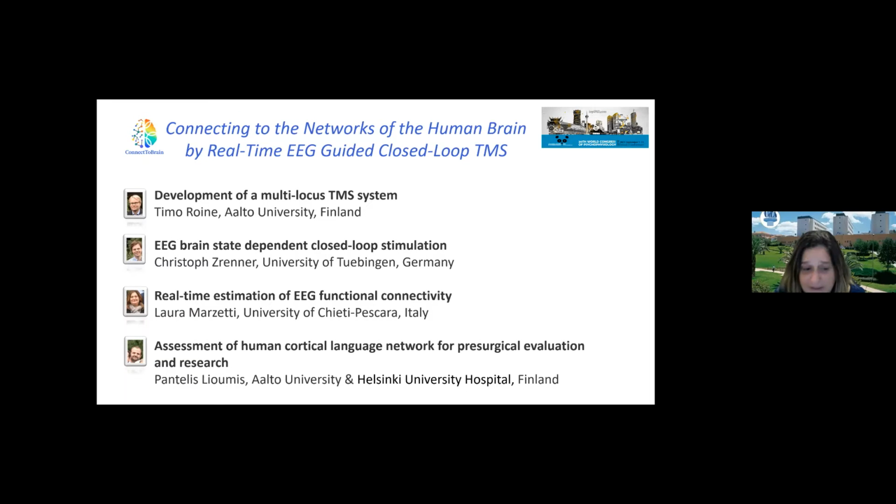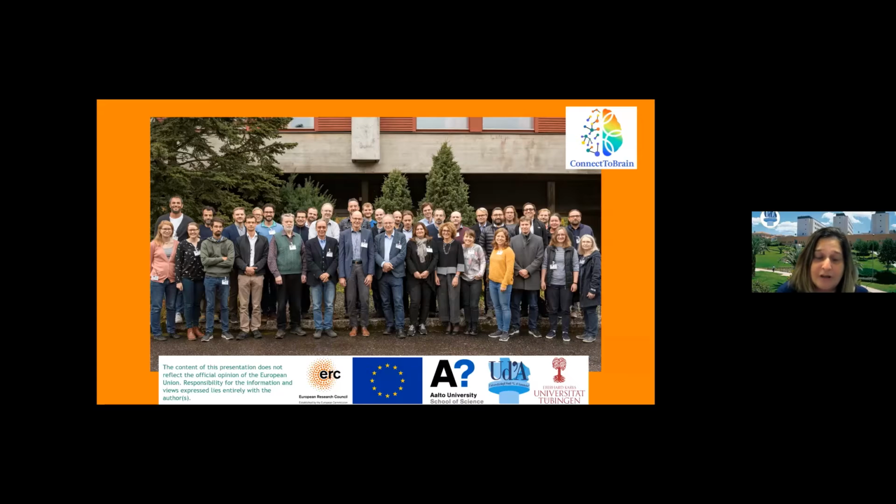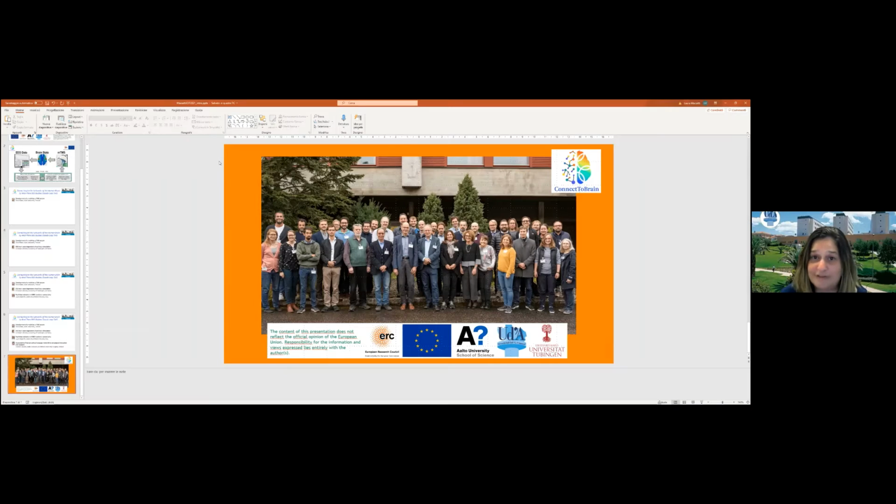And finally, Pantelis Lioumis will talk about the assessment of a specific network, which is the human cortical language network, for the presurgical evaluation and for basic research purposes. So, of course, this is the whole consortium which we want to thank before we start. And then I leave the floor to the first speaker, which is Timo Roine from the Aalto University.